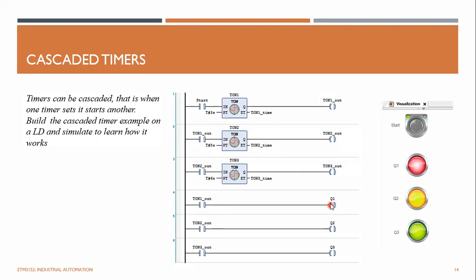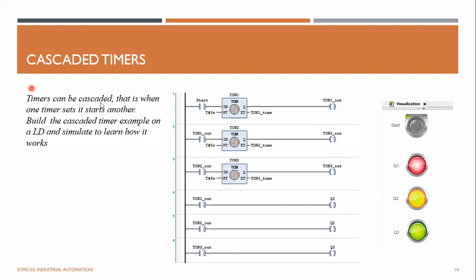Then I can add other outputs combined with more contacts of the T on 1 coil. So the T on 1 coil output, normally open contact, is connected to the Q1 output, and here this coil contact is connected to the Q2 output. Likewise, I can use it multiple times.